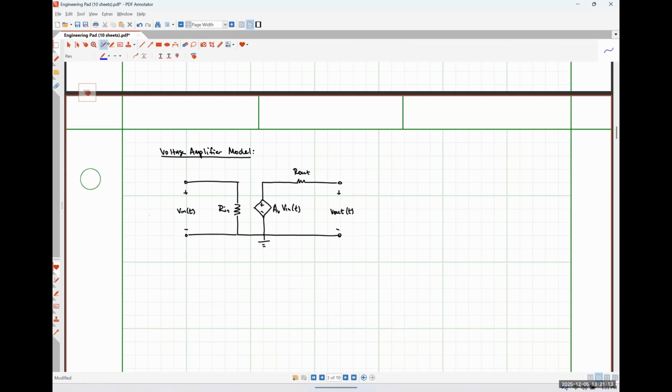So there's our voltage amplifier model. So over here on the right, I think I have enough room here. I'll do the current amplifier model. And it's going to be a very similar looking thing, except that I'm going to use a current controlled current source on the output side, right? So here's my input terminals. Here's Rn, and here's my input signal, In.